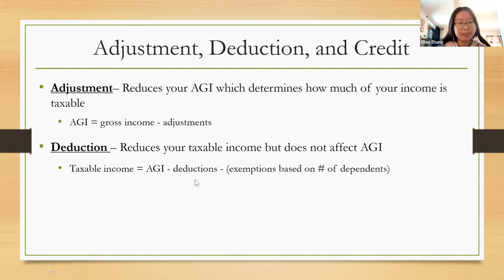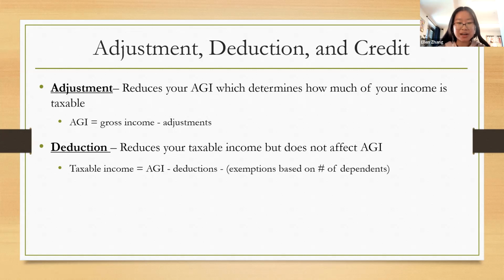But yes, deductions affect your taxable income. So the main difference between an adjustment and a deduction is that in an adjustment, your AGI is affected, while in a deduction, your AGI is not affected. And this can be a bit important when it comes to certain credits that I'm going to be mentioning later on today, because a lot of credits have an AGI limit cutoff.